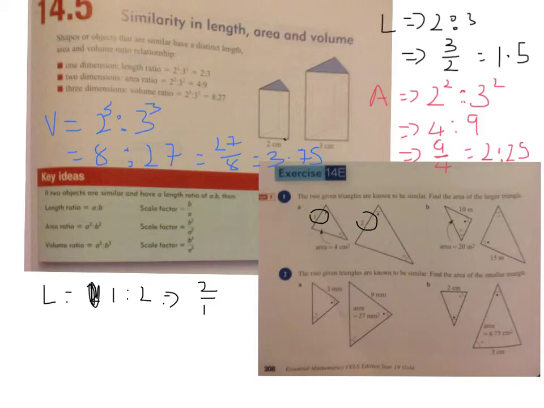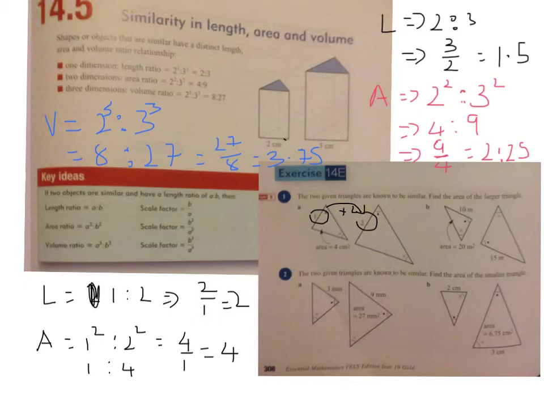Now our area ratio is going to be 1 squared to 2 squared, which is 1 to 4, so it's going to be 4 over 1. So our area scale factor is 4. This was 2, so that was times 2.